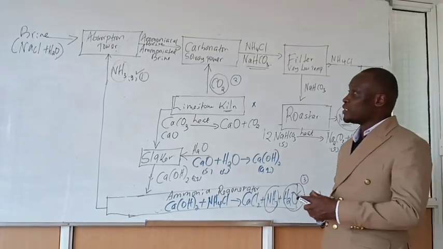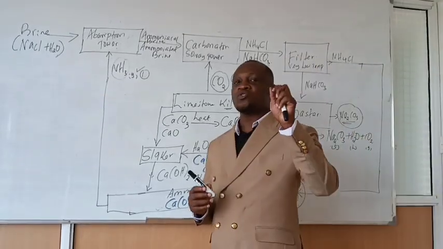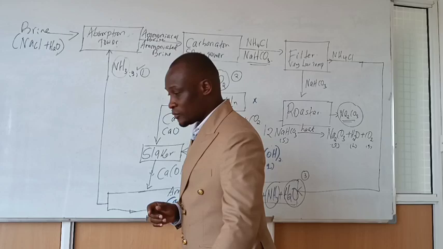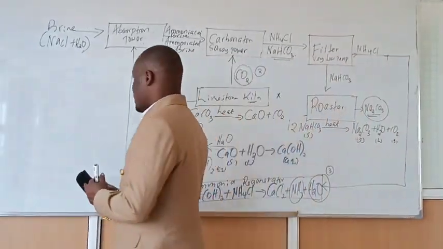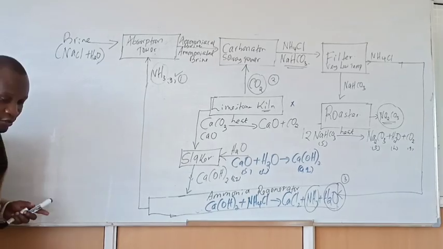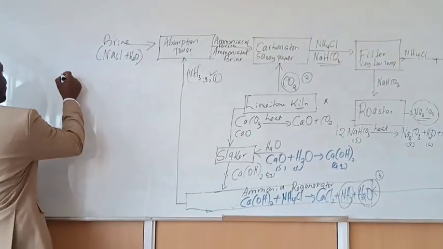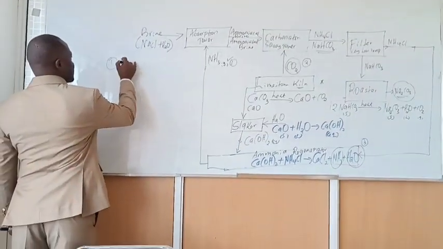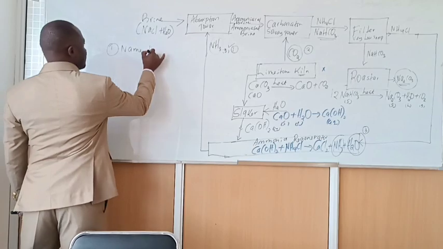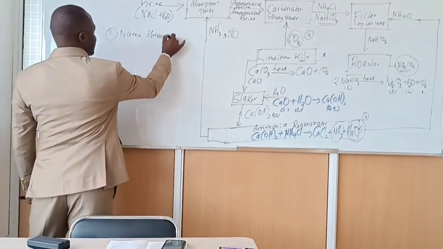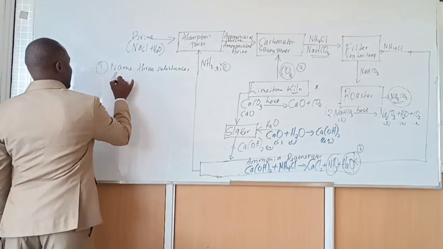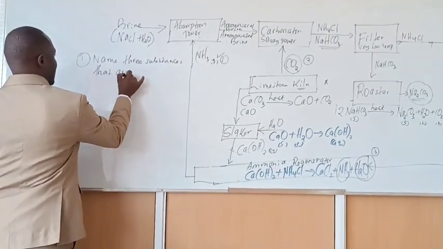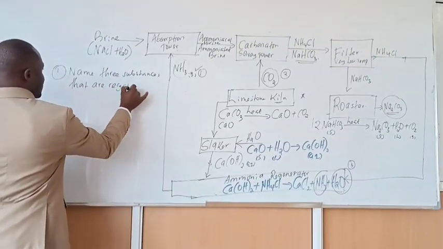And remember, in chemistry, when you are asked to name, please don't give the chemical formula of the substance. So the first question that you can be asked is: name three substances that are recycled.